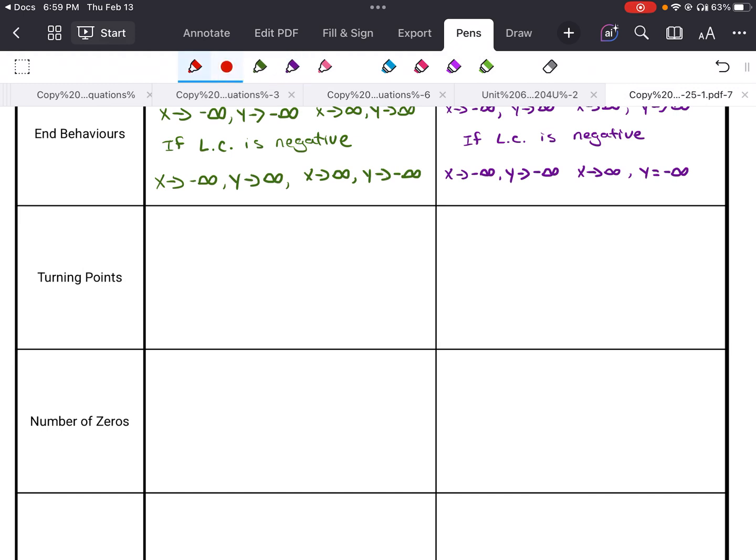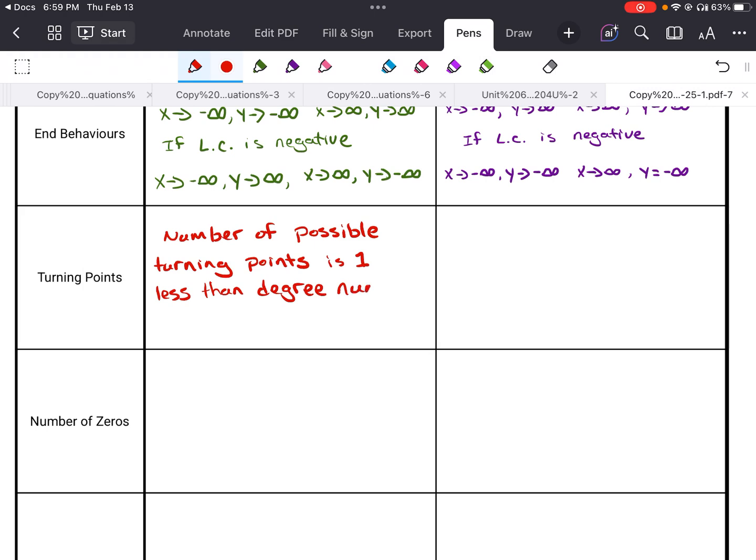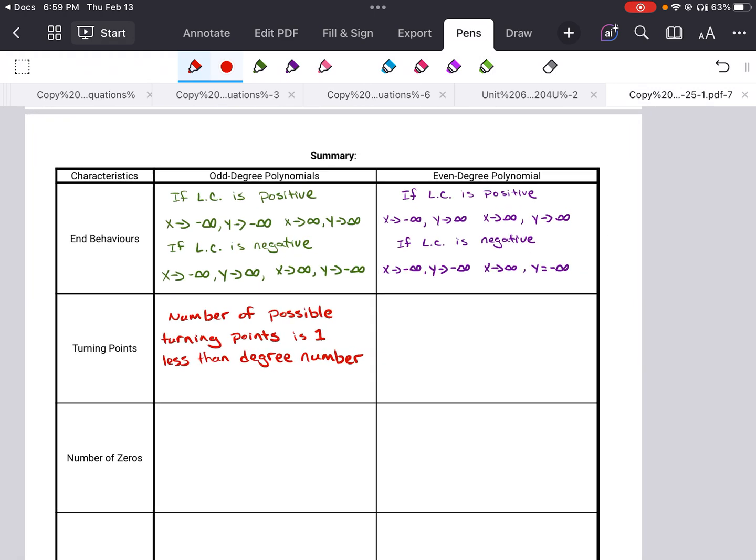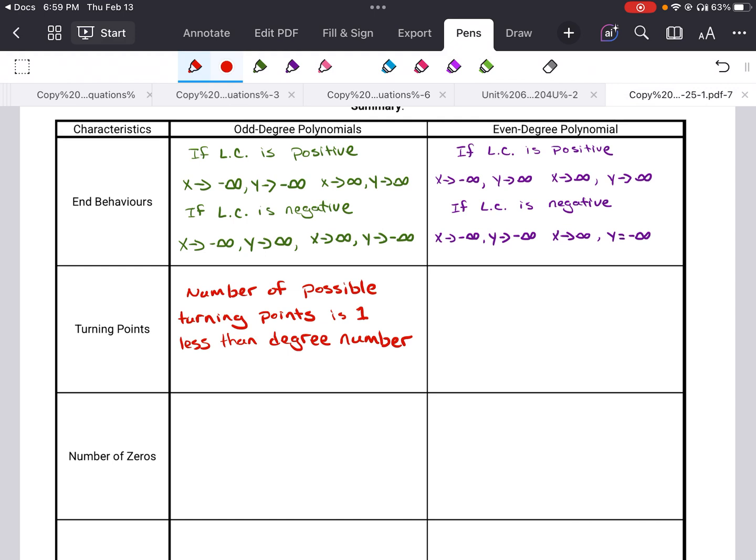Okay, turning points. With odd degree polynomials, the number of possible turning points is 1 less than the degree number. Okay, and this isn't just the case for odd degree polynomials.